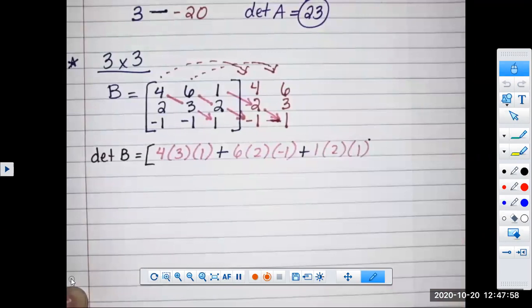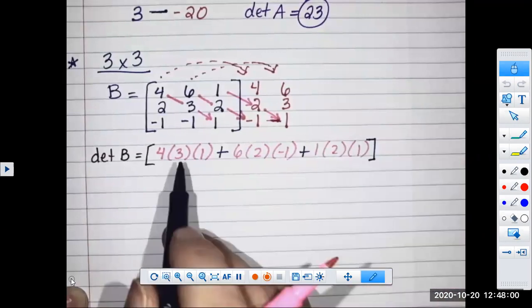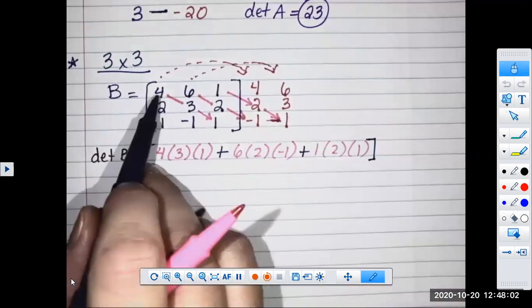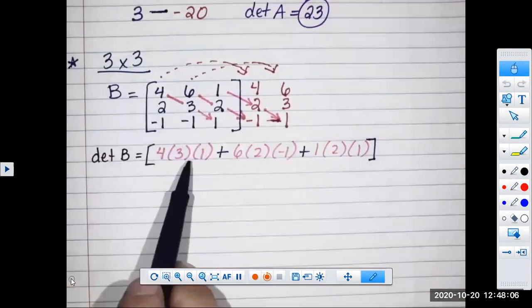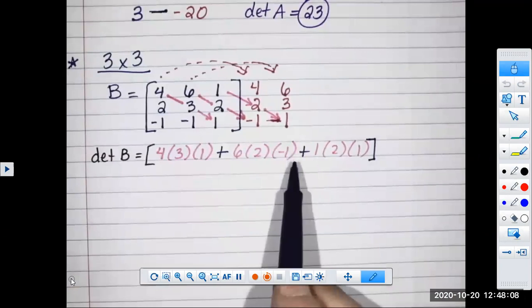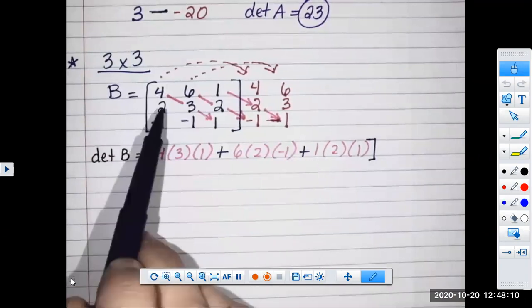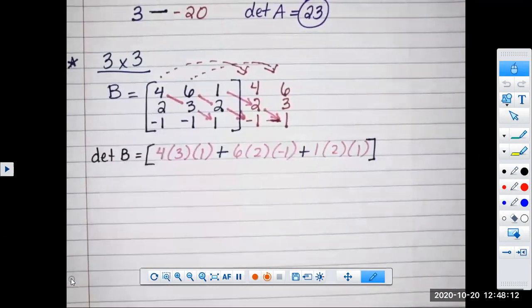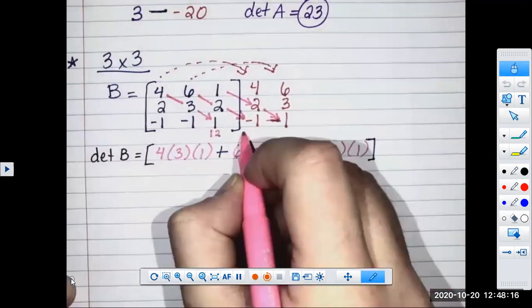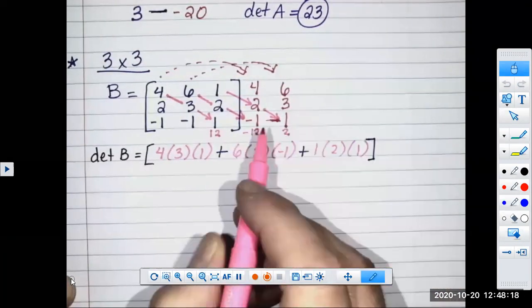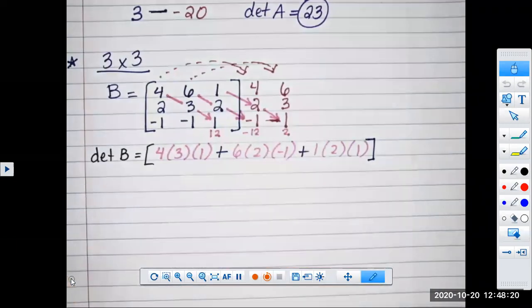This is from the direction going from top left all the way 3 times to get to the bottom right. And it will always be 3 values that you're adding together for that first part. So you could just write your product down here and say that's 12, negative 12, 2, and then add those all together if you wanted to do that. It's perfectly fine.